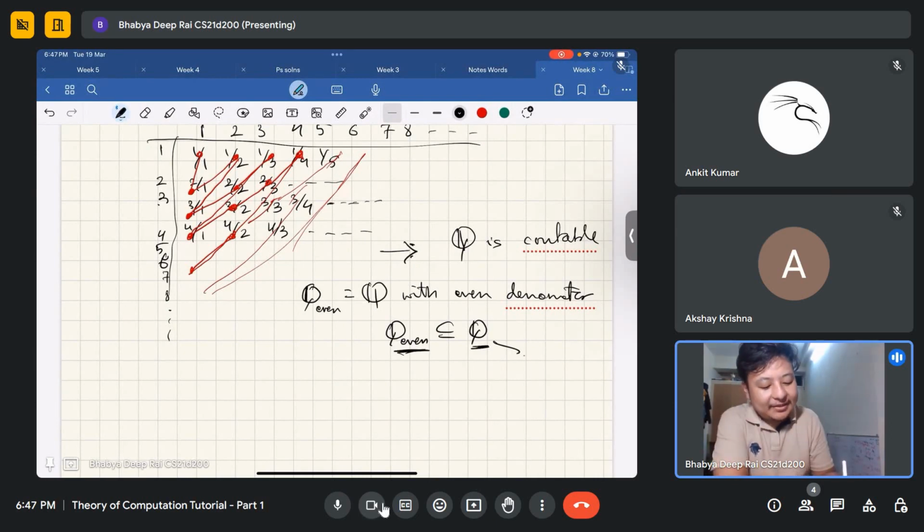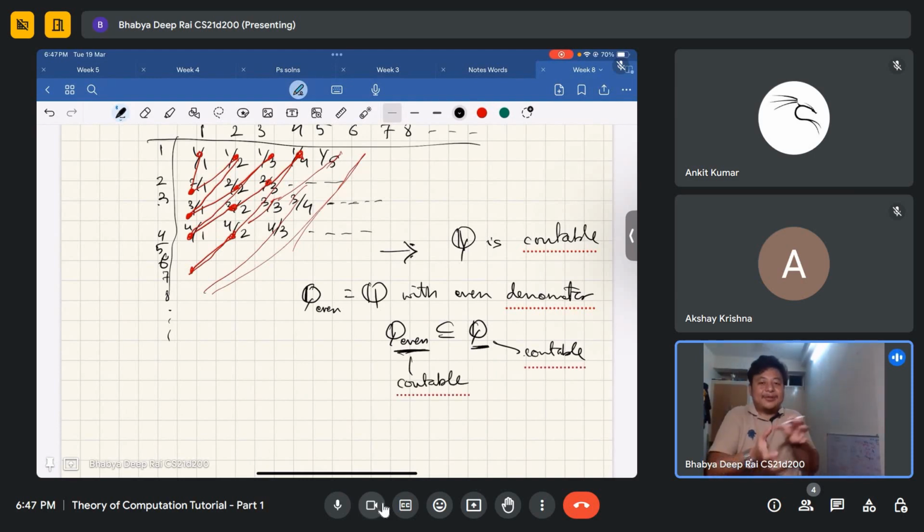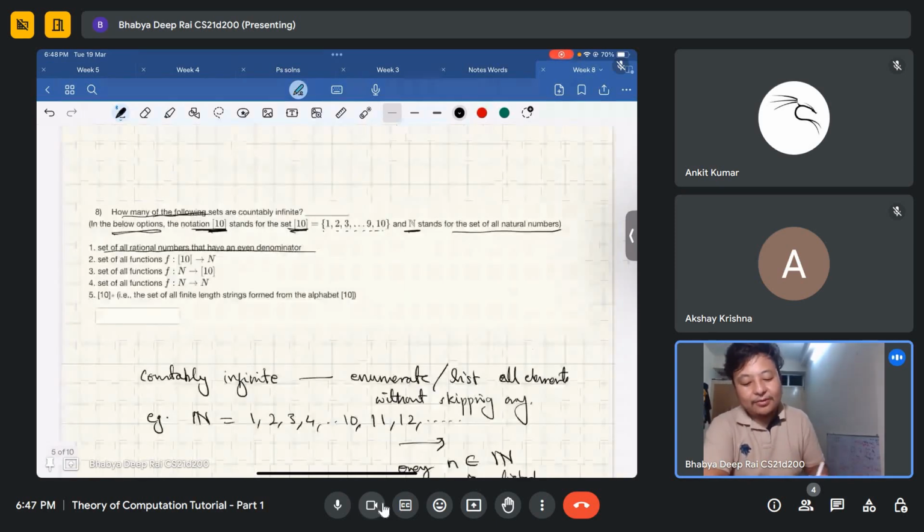And clearly, if Q is countable, then obviously this will also be countable. It cannot be that my subset, the smaller set that I take, is uncountably infinite. If I take a smaller set, it cannot be much larger than the original set. So this is also countable.